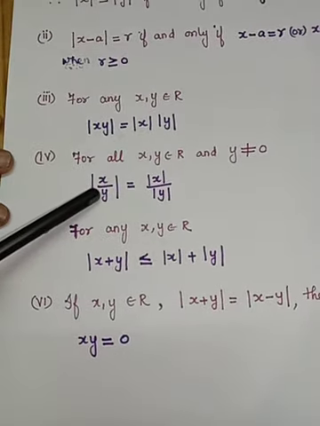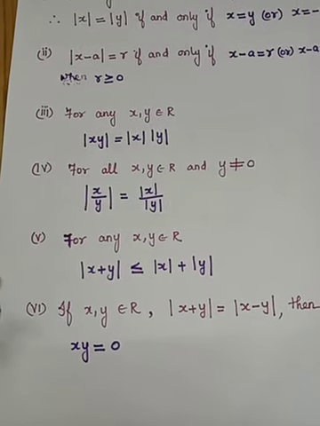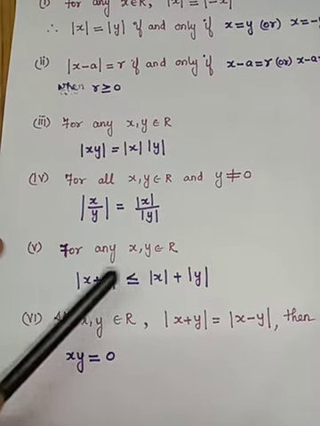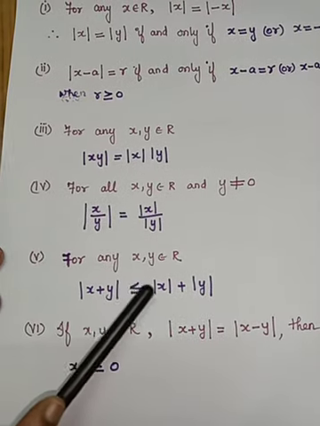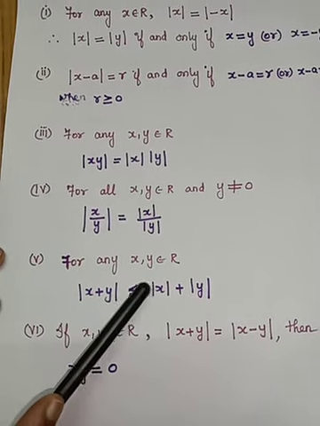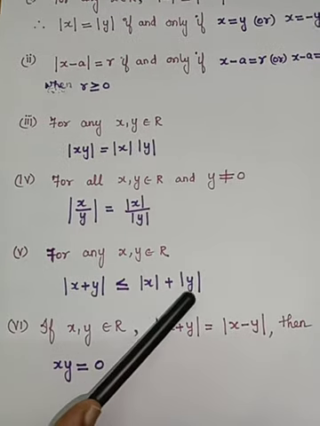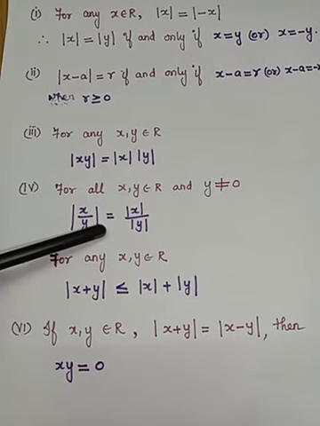If y is equal to 0 we can't divide it. It is indeterminate. Okay. For any x comma y belongs to R, we are considering the real numbers. Modulus of x plus y is not exactly equal. It is less than or equal to modulus of x plus modulus of y. You see the multiplication and the division, they are exactly equal.